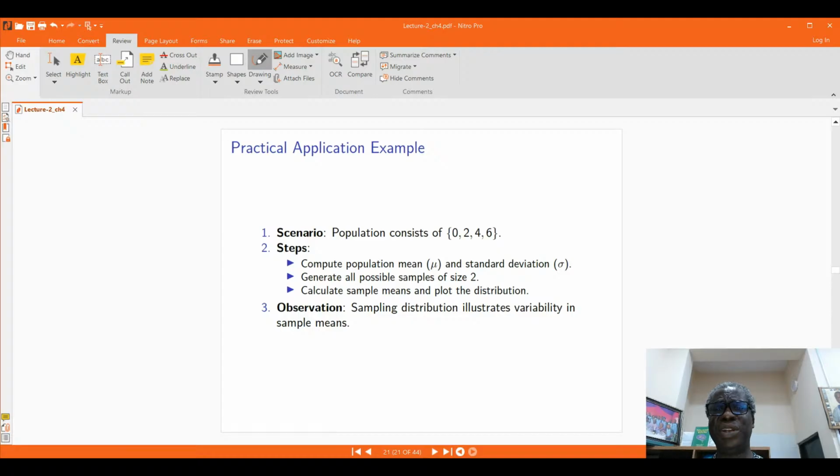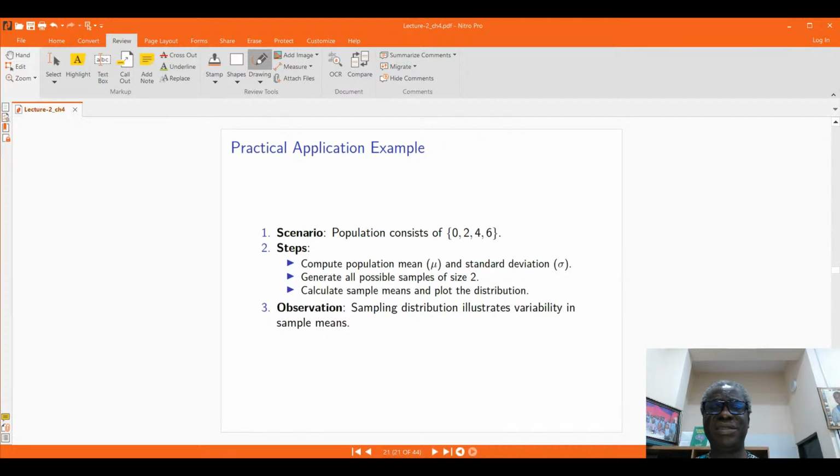Assuming you have a population that consists of 0, 2, 4, 6, first compute the population mean of the values and the standard deviation of the values.